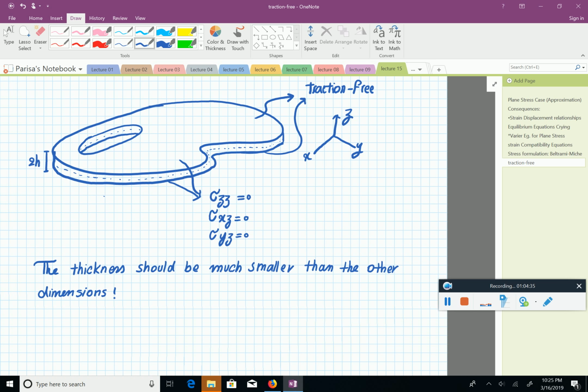So this is where I stop. Then we start with the solutions, a little bit about generalized plane stress, and with the solutions on Tuesday.